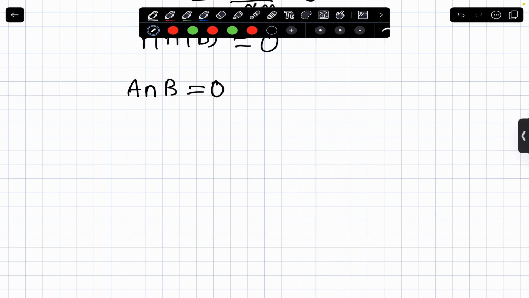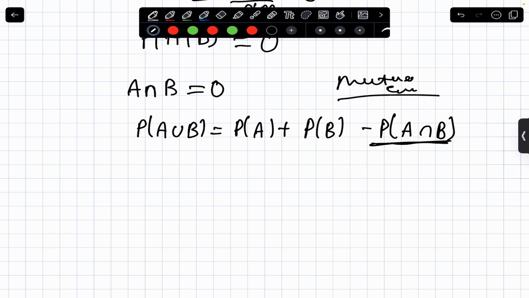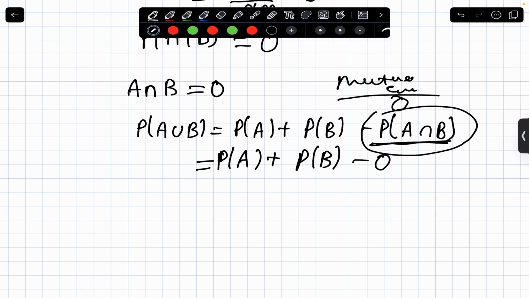The probability of A union B is the probability of A plus the probability of B minus the probability of A intersection B. But in mutually exclusive events, this is zero. So the probability of A plus the probability of B minus zero is nothing but the probability of A plus the probability of B.